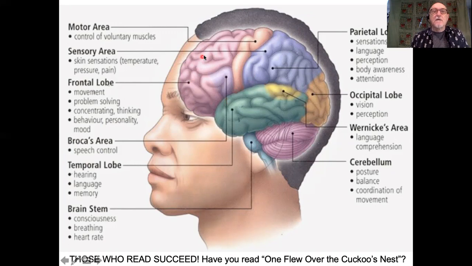This here is the frontal lobe. And the first part to notice is this part at the back here, which is called the motor area. This is where a lot of the control of voluntary muscle occurs.